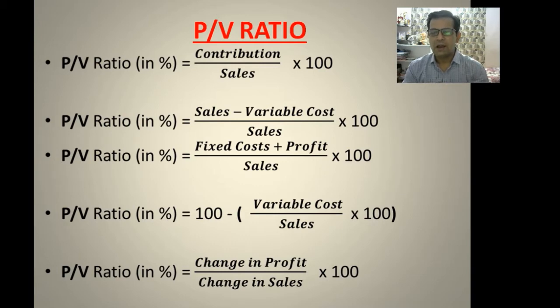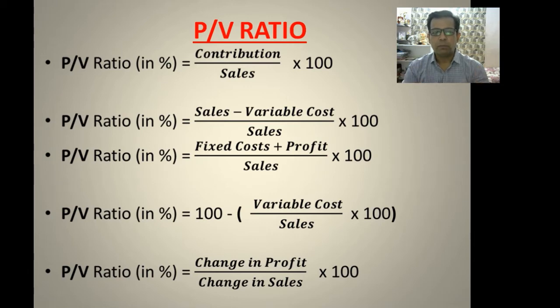Okay, and the last one. Before we go for the last formula, remember this formula can be used only when we have the data for two different periods, say 2019 and 2020. If we have data for two periods, then we use the formula, which is change in profit by change in sales into 100.